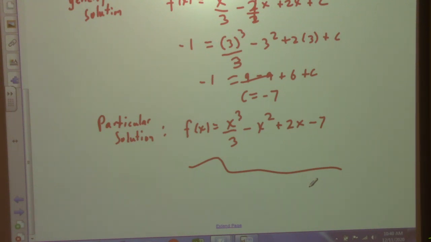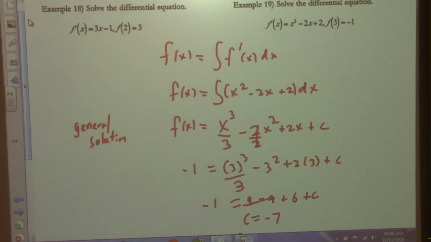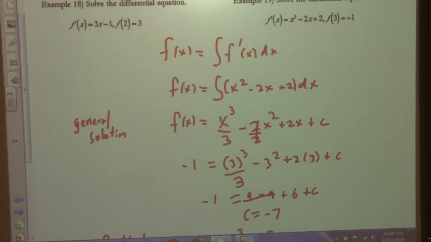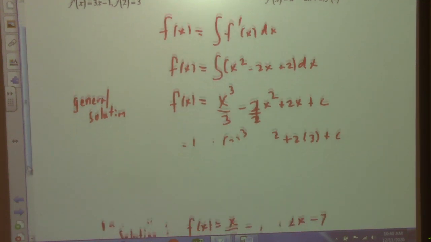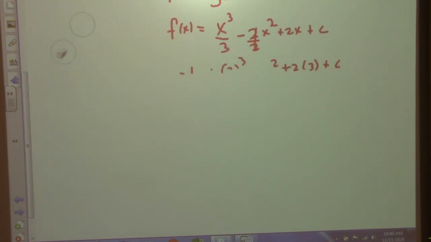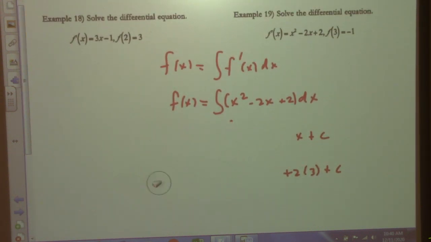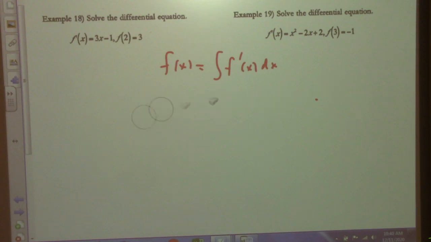All right. What I want you to do is go to the next problem, which I think is 20, and do that one. I think that's one where we're given f double prime of x. Yeah, so go to number 20 and do that one, and we will review that in a few minutes, okay?